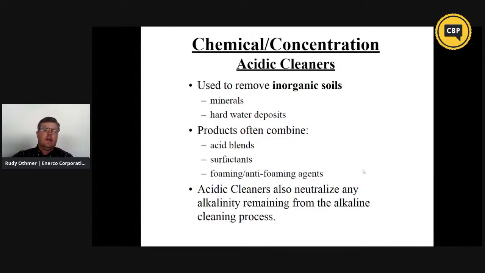Specifically, when we're looking at a brewery cleaning system, the other reason we use the acidic cleaners second, well, I guess I didn't mention the first reason that we use the acidic cleaner second: the acids can tend to burn the organic soils onto the surface as opposed to cleaning them away, which makes them extremely difficult to later remove. So we want to remove all our organics first, and then come in with an acid for taking off the minerals.